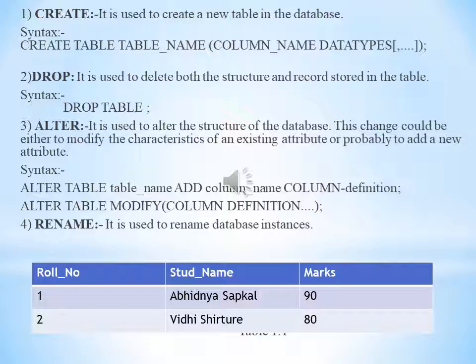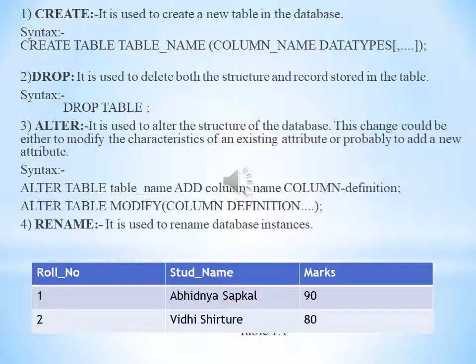Next, once tables are created in the database system, the drop command comes in. Why use drop commands? They are used to delete both the structure and the records stored in the data tables. Whenever you have to delete records in these tables, you should use the drop command, drop table.